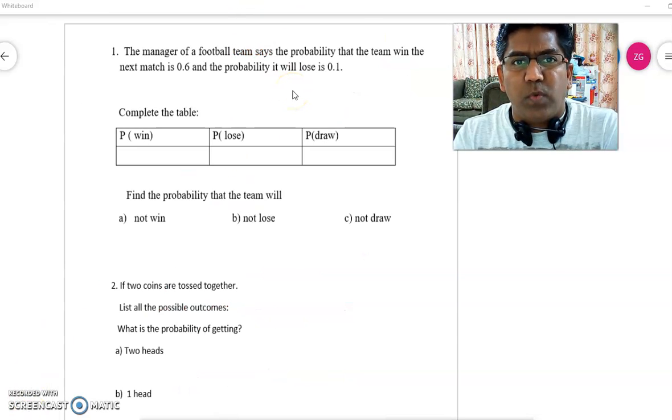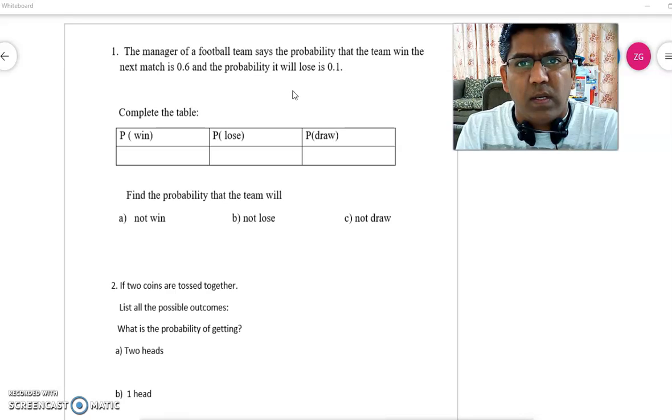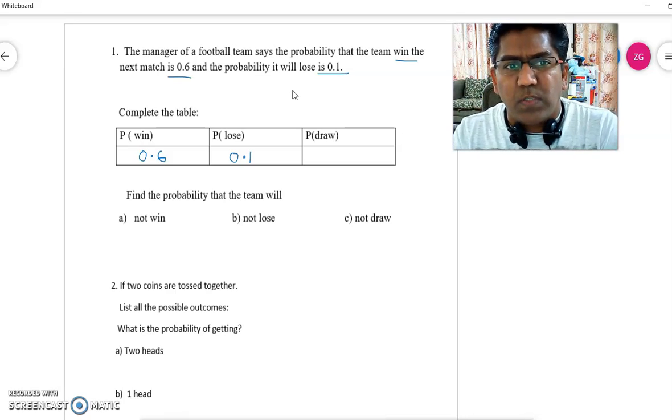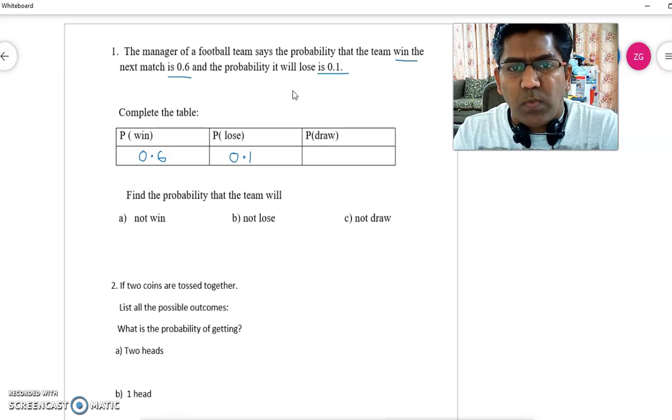The manager of a football team says the probability that the team wins the next match is 0.6, and the probability it will lose is 0.1. Based on this, we'll try to complete the table. The probability of win is 0.6, so I'll write here 0.6. Probability of losing is 0.1. Now when you play a match, there are three possibilities. Either you will win or you lose or you will draw. So the third probability is not given, but we know that the total of all three should be equal to 1.